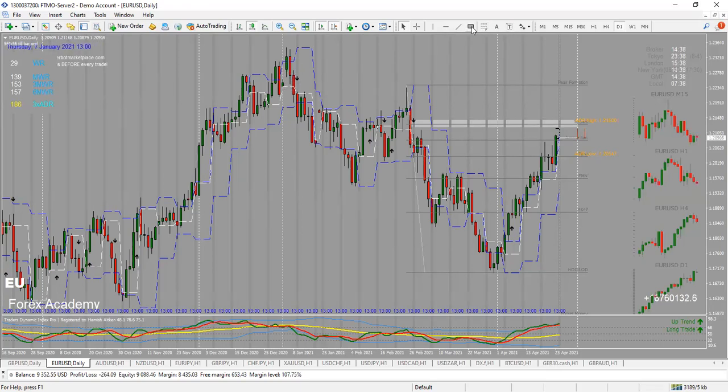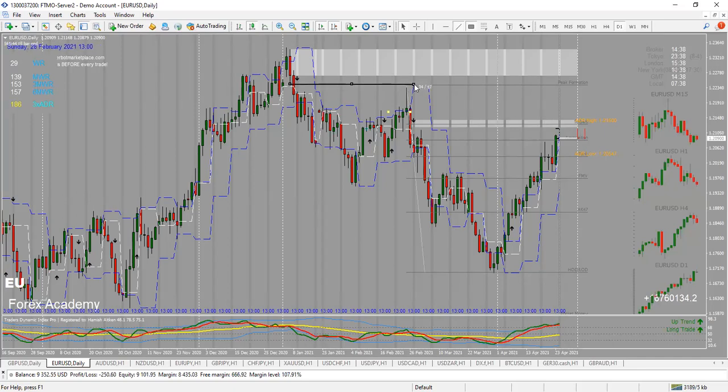This one is still active and it hasn't been tested. And then its flip zone is here. The market nearly came to test this flip zone, or it had, let me see. Yeah, they did bounce on it.